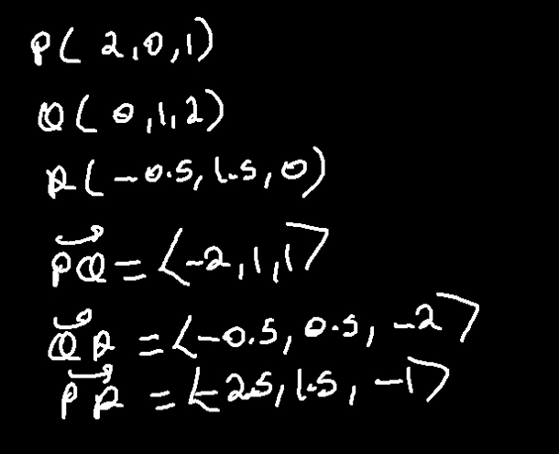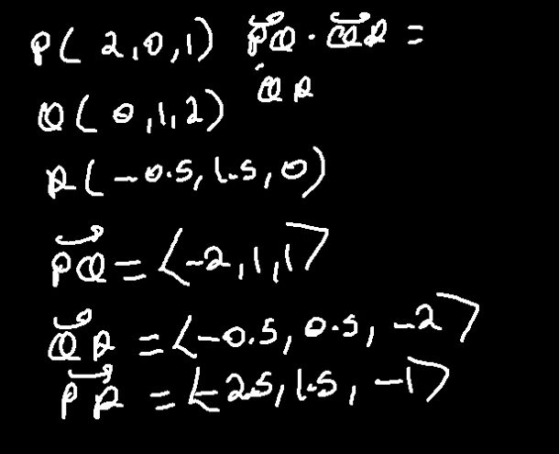And now we should determine the dot product of the pairs of the vectors. So vector PQ dot vector QR, vector QR dot vector PR, and also vector PQ dot vector PR.